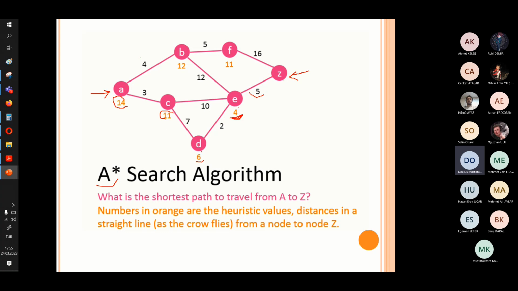You may estimate this as 5 or 4, because as long as it is smaller than the actual cost, that's fine. But your estimations should be as close as possible to the actual one. Therefore, your heuristic value greatly affects the performance of the A star algorithm.